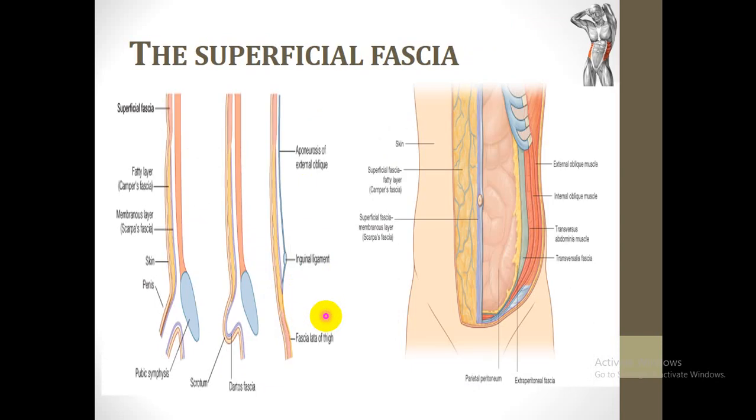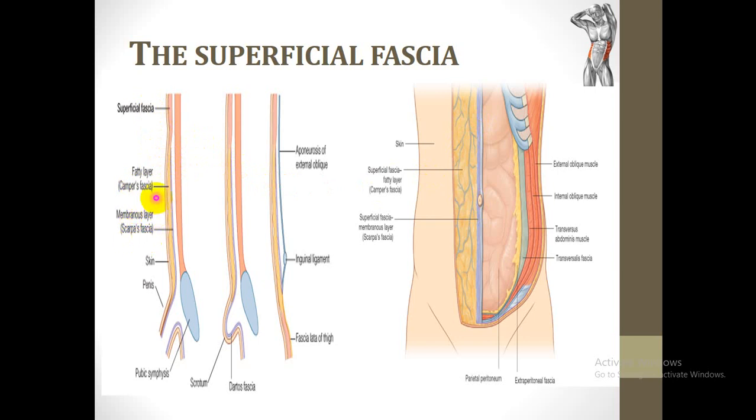The second layer of the anterior abdominal wall is called the superficial fascia. Superficial fascia, or sometimes called subcutaneous tissue, resembles any superficial fascia found in the body, especially at the upper part of the umbilicus, where it consists of a single layer of subcutaneous tissue. But below the umbilicus, the superficial fascia is divided into 2 layers: the fatty layer, Camper's fascia, and the membranous layer, Scarpa's fascia.